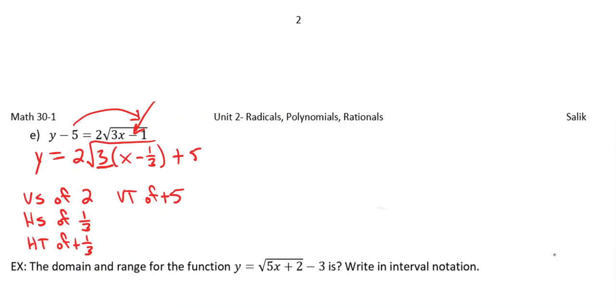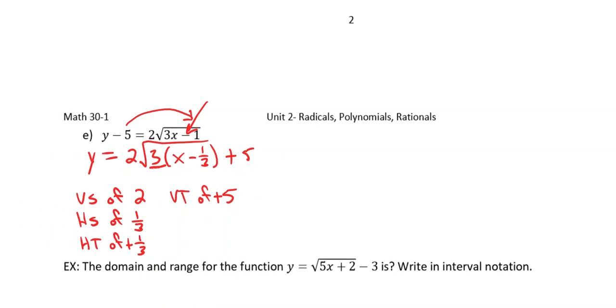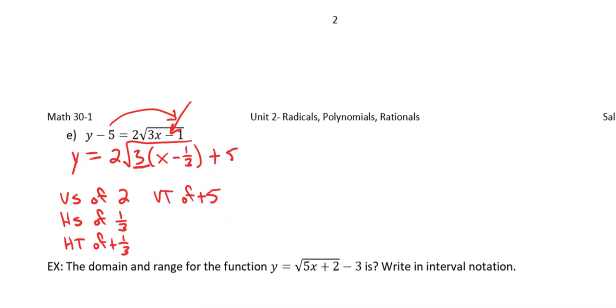Okay, so let's write out our mapping notation. Actually, you know what? Let's do domain and range here first. So the domain of this one would be, all right. And while I'm doing this, I'm keeping in mind what our original function looked like. That was the function y is equal to the square root of x, right?